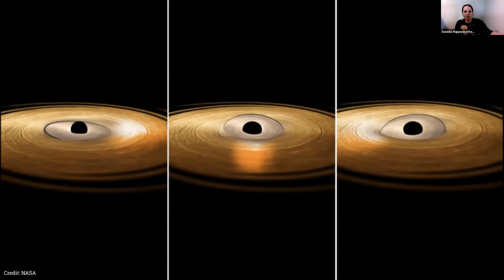And so one way you can make this quasi-periodic oscillation is by having an inner disk that's misaligned with the outer disk. And that's what you see here. You see the black hole as a black sphere, and then this inner little disk that's tilted compared to the outer disk. And that can happen because of certain general relativistic principles, especially if the spin axis of the black hole is misaligned with the axis of the binary system as a whole.